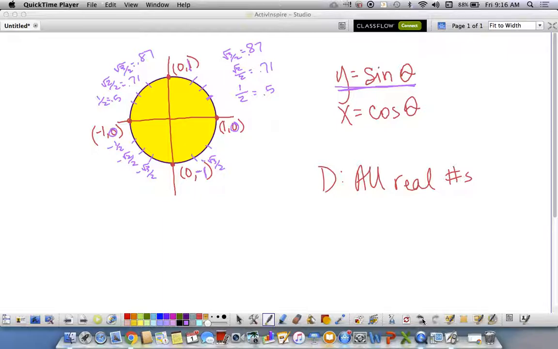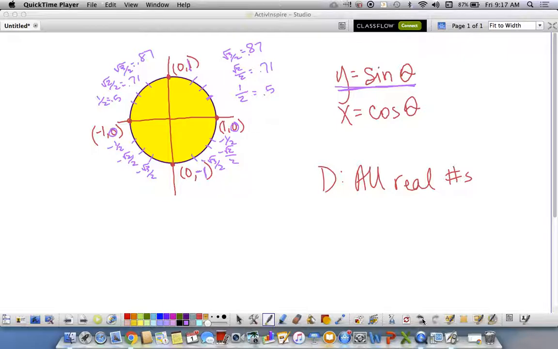Negative square root of 3/2. Negative. Okay. So we're getting smaller. We went to 0. Negative 0.5, negative 0.7, negative 0.8 till we get to -1. Then we go back to -0.8, -0.7, -0.5, until we get back to what? 0.